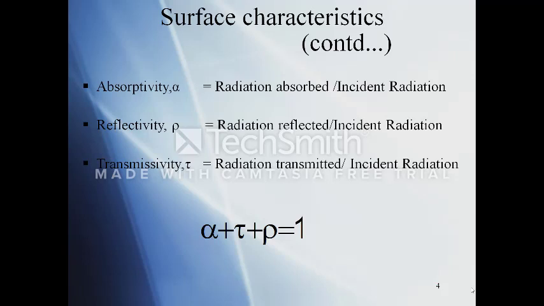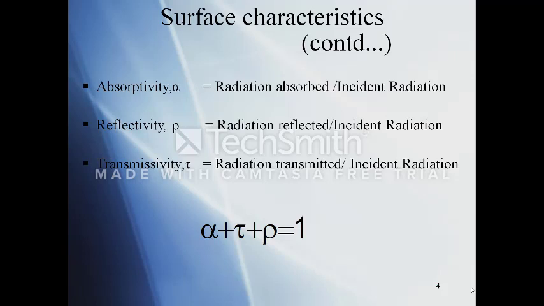Reflectivity rho can be defined in a similar way as the ratio of radiation energy reflected by the surface to the total incident radiation. And transmissivity tau is the ratio of radiation transmitted to the total amount of incident radiation.